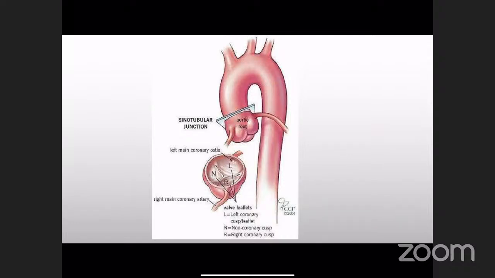Here's the aortic valve cusps, and here are the left and right coronary sinuses, which originate the left main coronary artery and the right main coronary artery, which will be discussed later on.